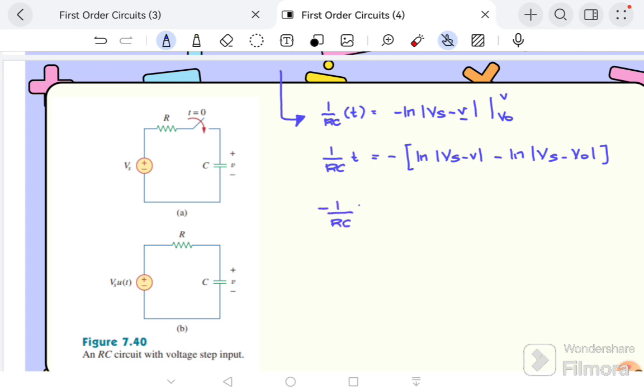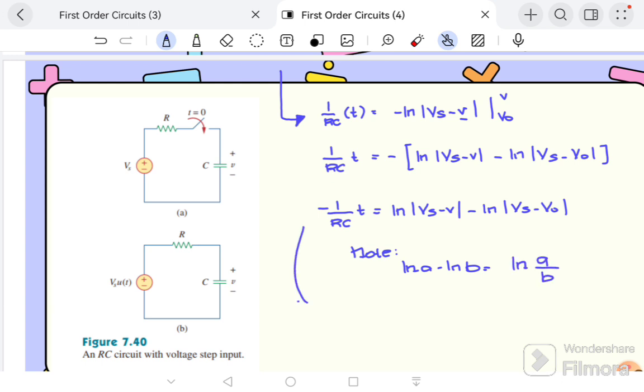So negative t over RC equals ln (Vs minus v) minus ln (Vs minus V sub O). Take note, ln A minus ln B is equal to ln (A over B). And so, negative t over RC equals ln of (Vs minus v) over (Vs minus V sub O).